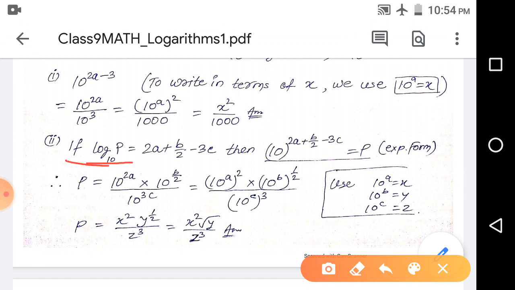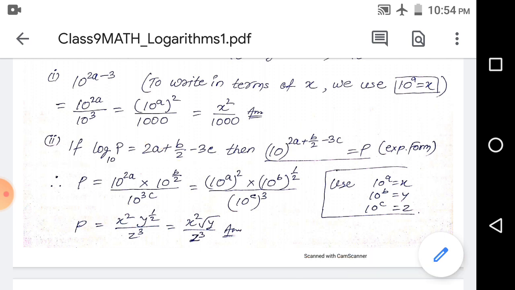Now for the same given condition, we have to find out p. If log base 10 of p equals 2a plus b by 2 minus 3c, then 10 to the power (2a plus b by 2 minus 3c) equals p. See, here we have the logarithmic form, and for this we can convert it: the base 10 is with this whole power, and this is equal to p.